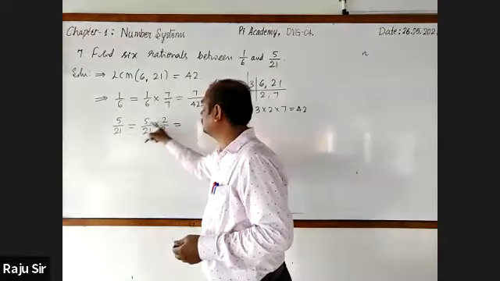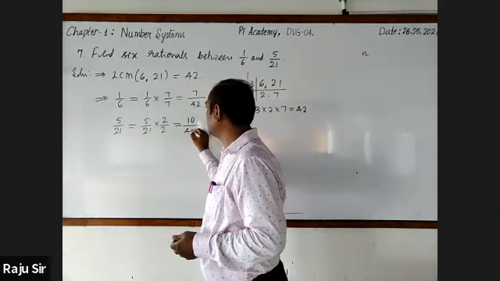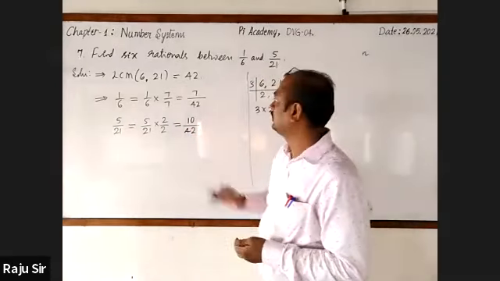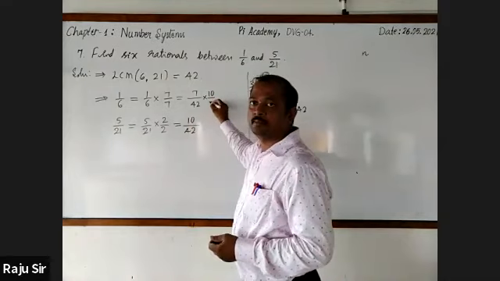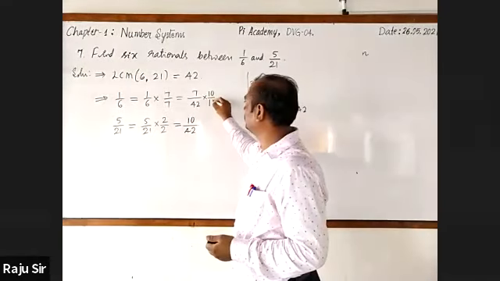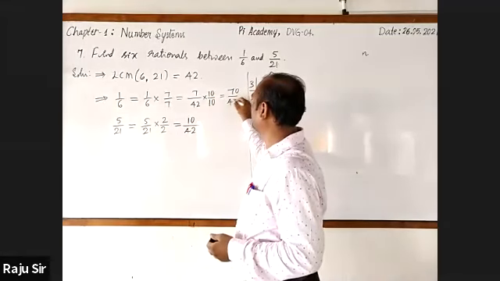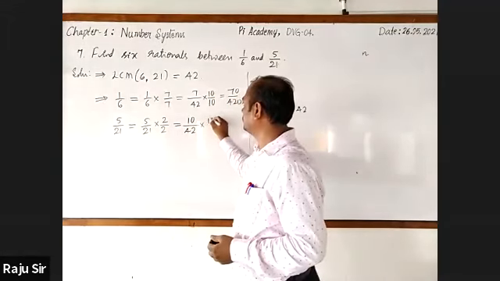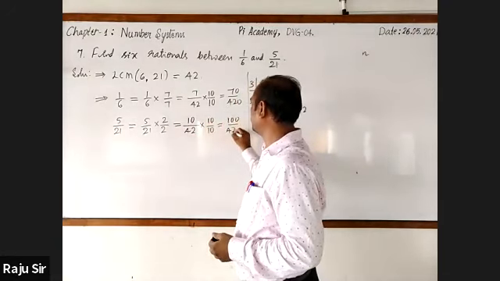This is equal to 5 twos are 10 by 21 twos are 42. As the denominator terms are same, multiply 10 to the numerator and denominator. 10 by 10, it is 70 by 420. Similarly, 10 by 10, it is 100 by 420.